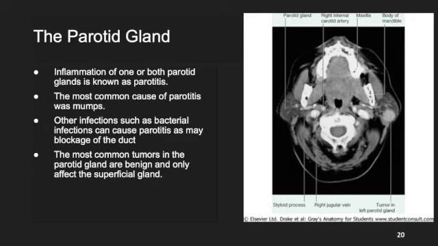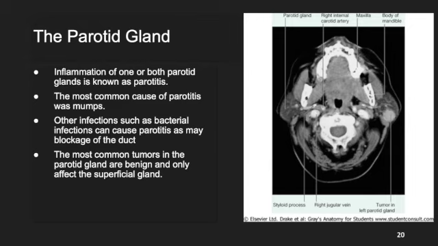So here's what we know about the parotid gland. It can get inflamed. It is very commonly associated with a disease called the mumps. The mumps is something that the vast majority of people are vaccinated for as infants. But when it gets infected or inflamed, you have these very large welts.